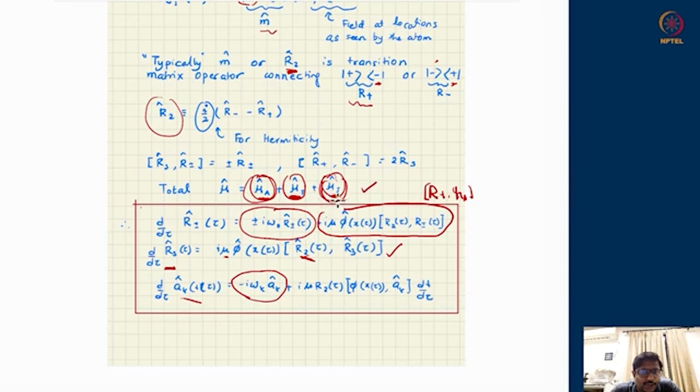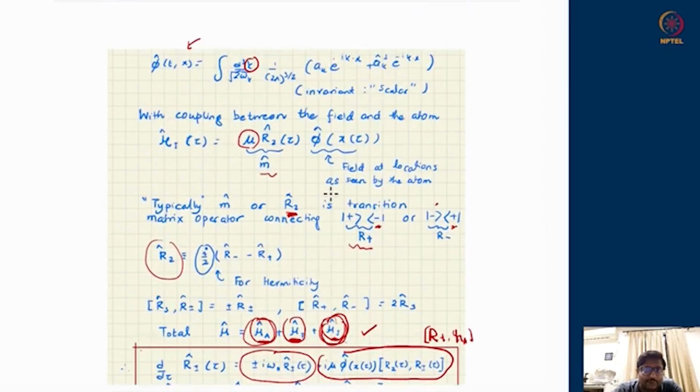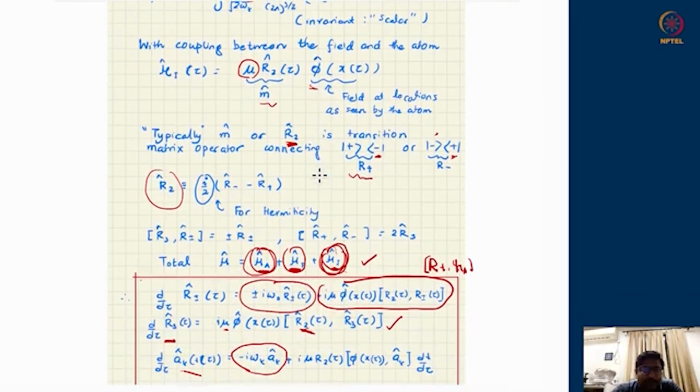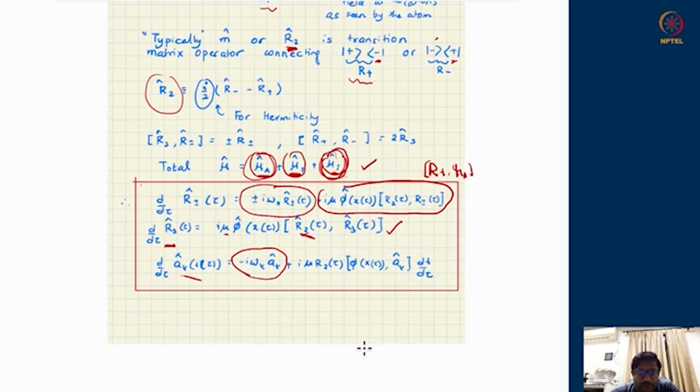But now, due to the interaction term being alive, this AK will have a non-zero commutation relation with respect to HI. Because in HI, there is not only M, but also the phi term present, which also has A and A dagger. So if you write in terms of that, I will have a non-trivial commutation relation between A and phi, which will appear in the third term. And this will be the total time derivative of the AK operator.